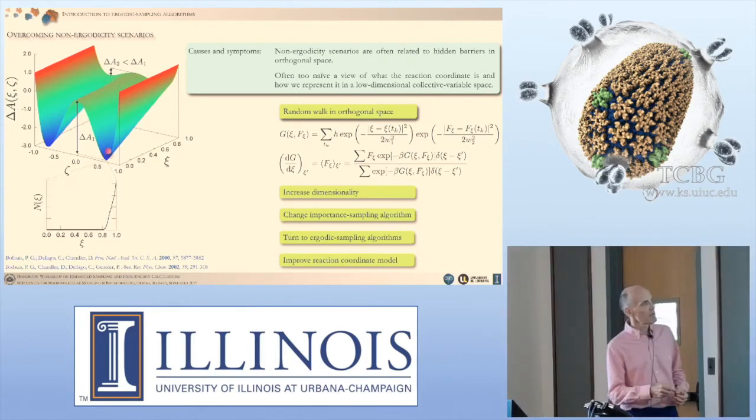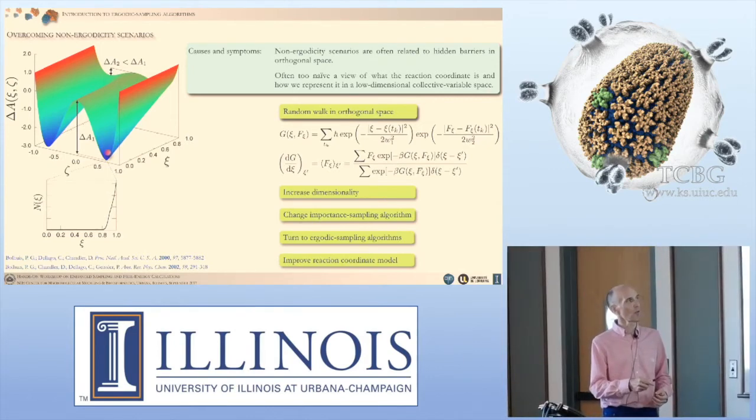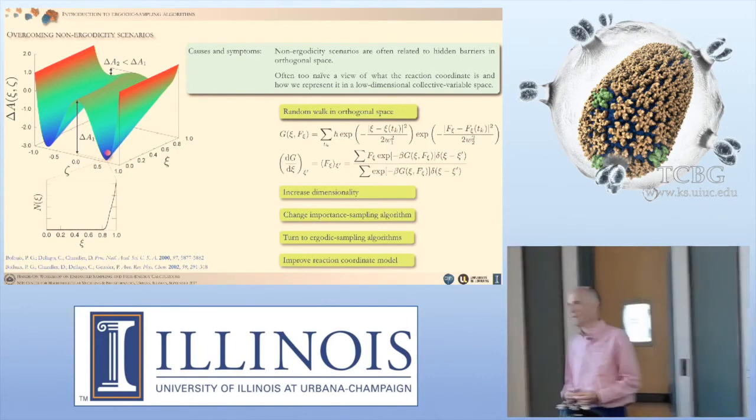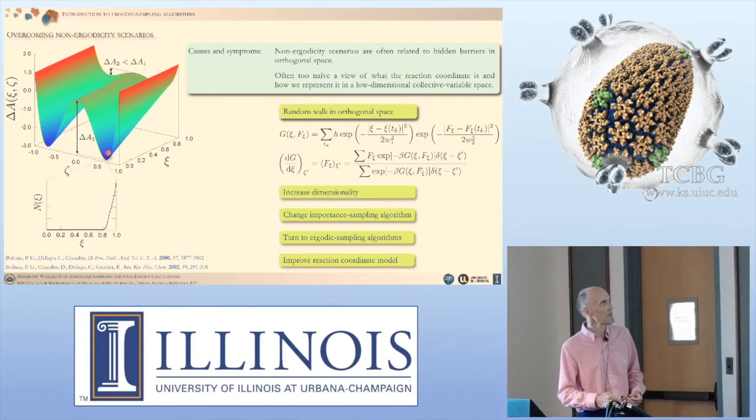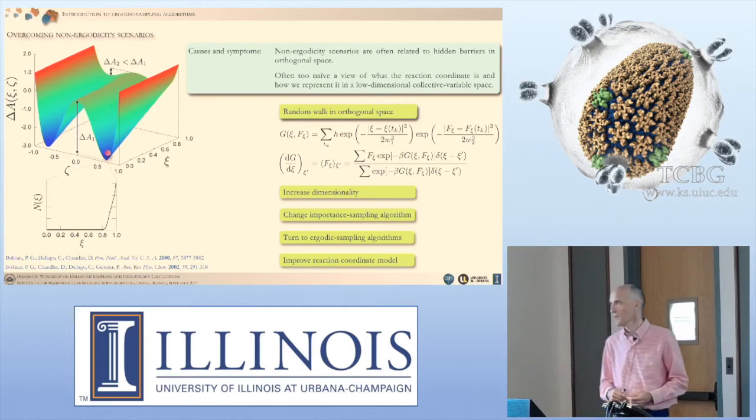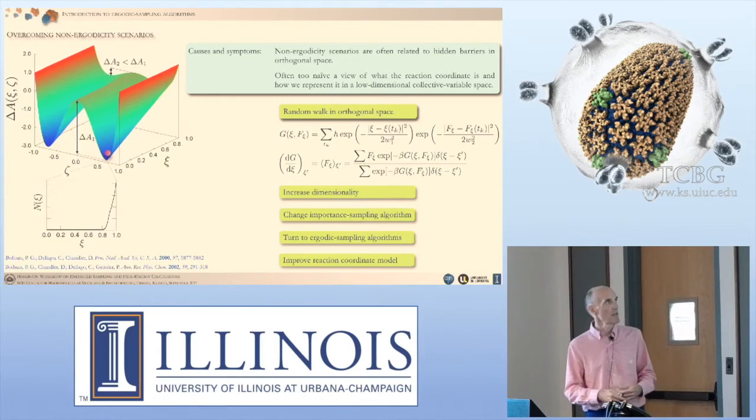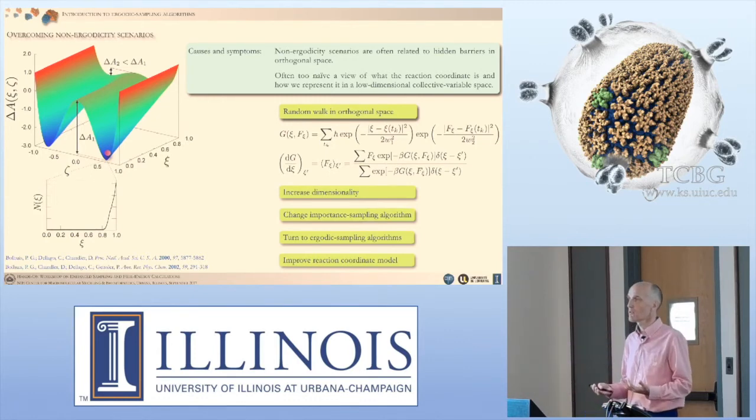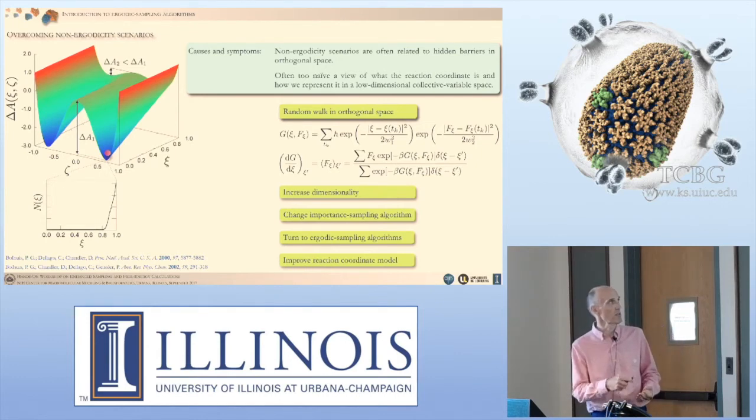We are trying to sample along one direction, but we have this orthogonal direction, and unbeknown to us, it so happens that the choice of the reaction coordinate model that we've chosen is such that we have to deal with this orthogonal degree of freedom.